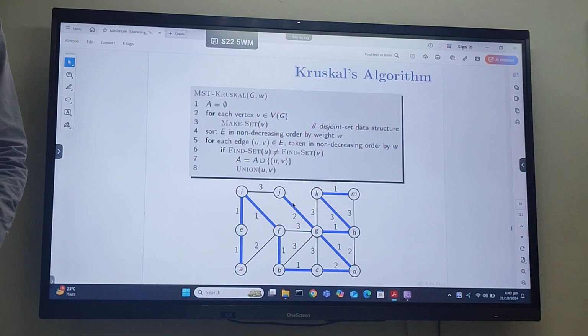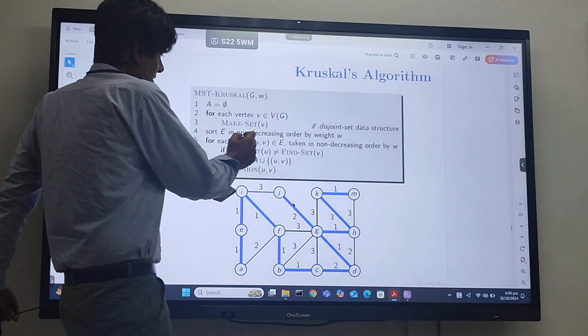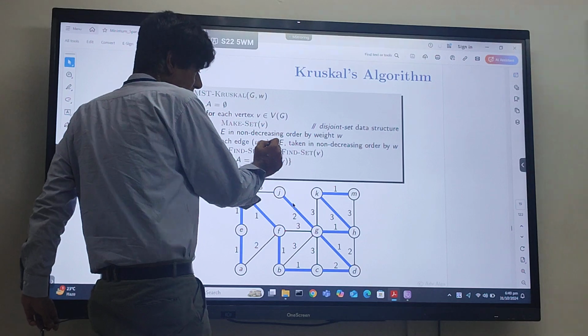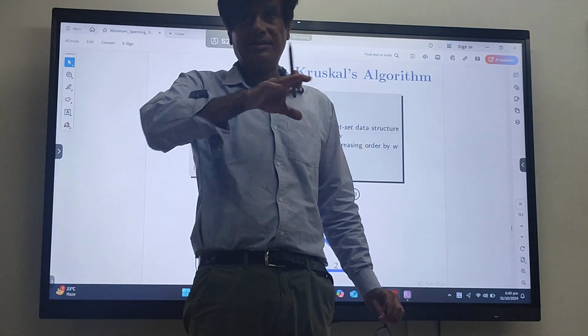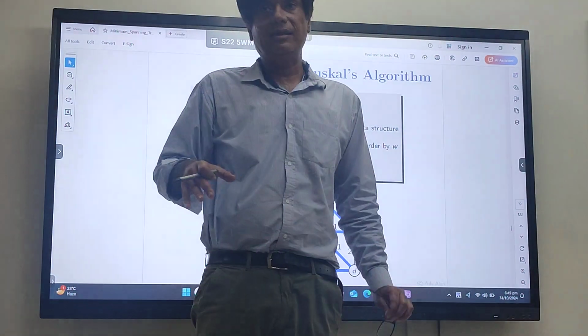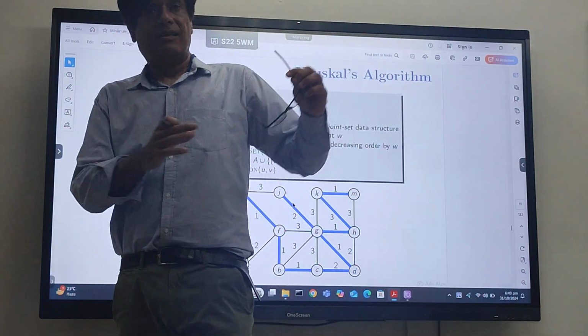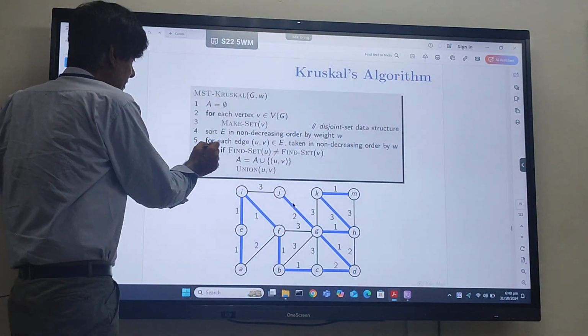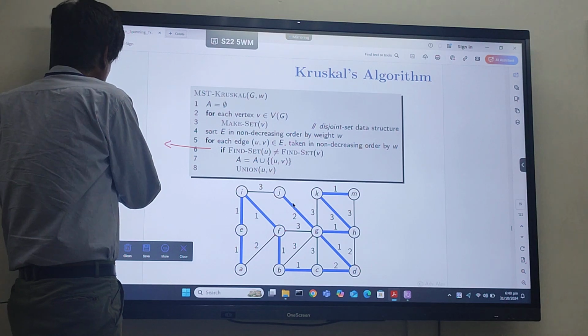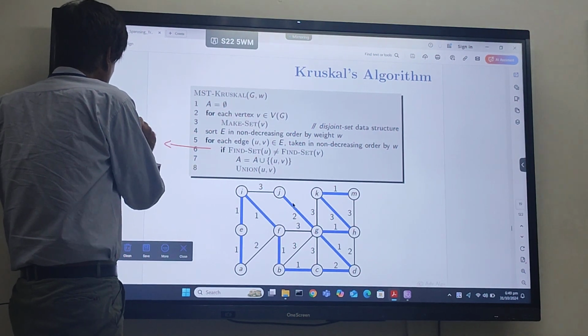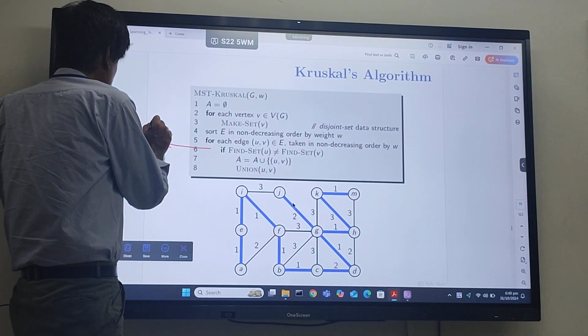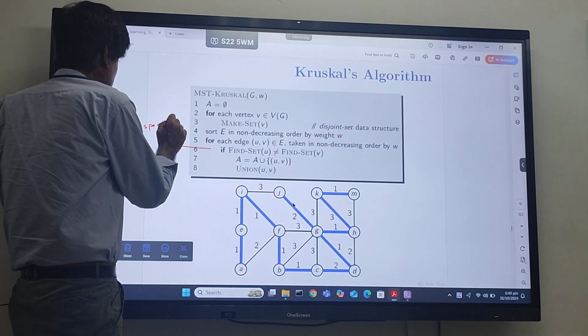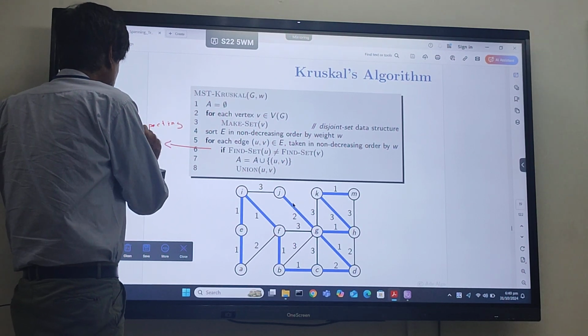We can consider whatever U is to be in one set and all the remaining in the other set, and then this is checking if it's respecting or not.